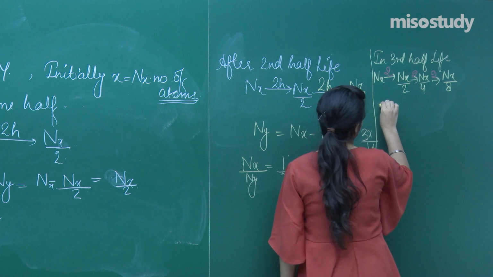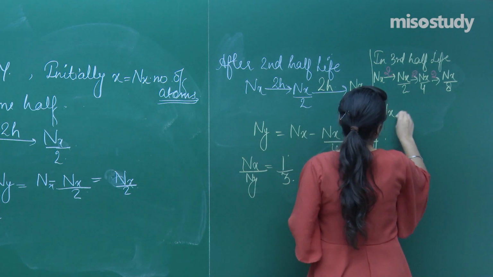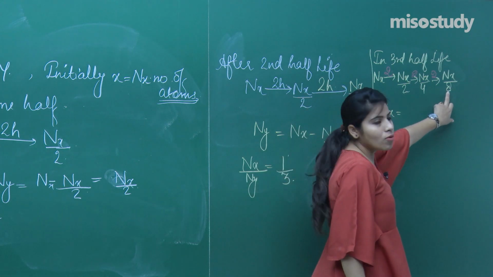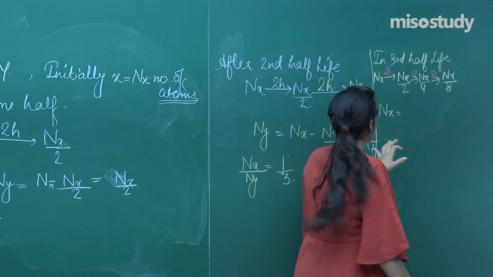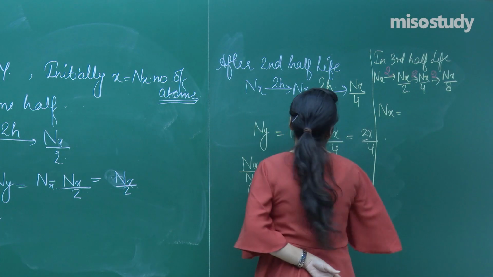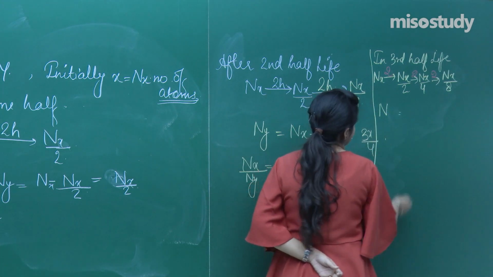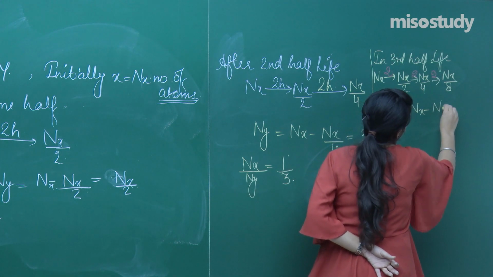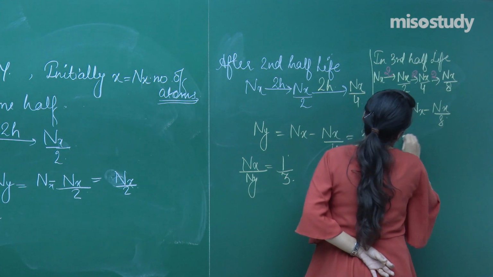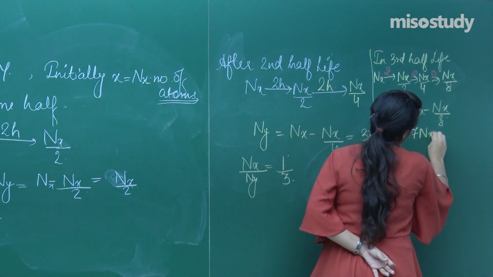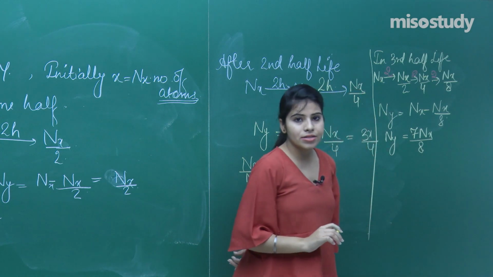Now your atoms of X in this case will be, earlier it was nx, now it is nx by 8. So your ny in this case will be nx minus nx upon 8. That means your number of Y is 7nx upon 8, isn't it?